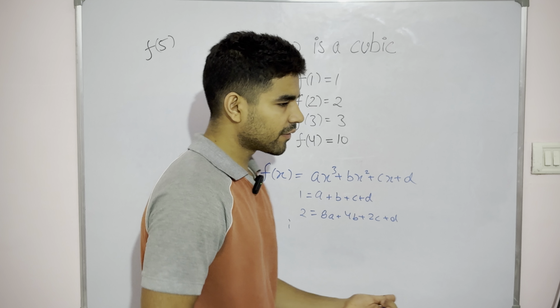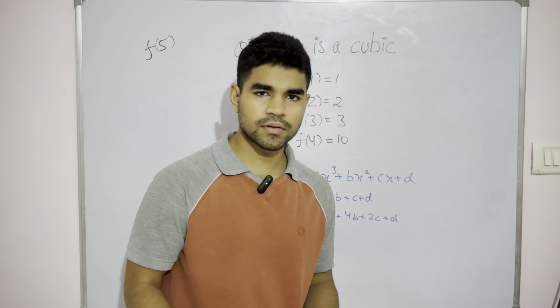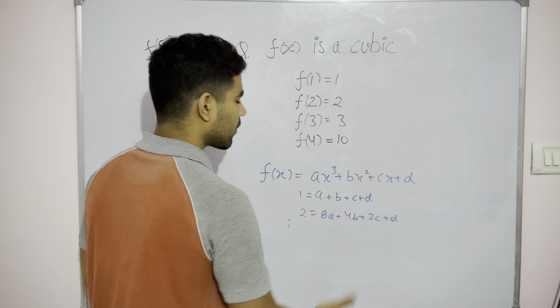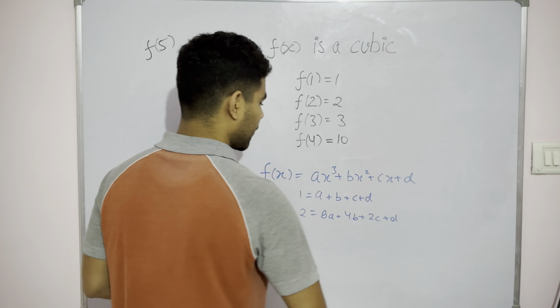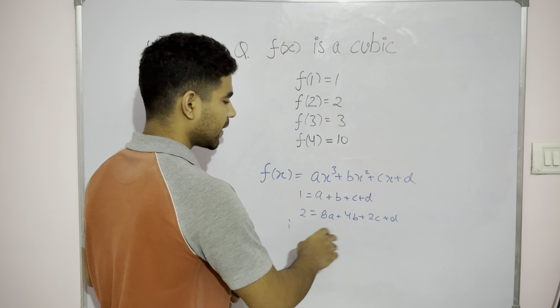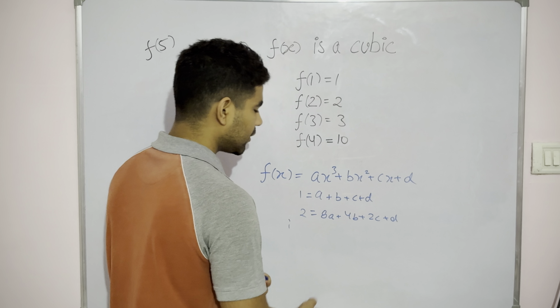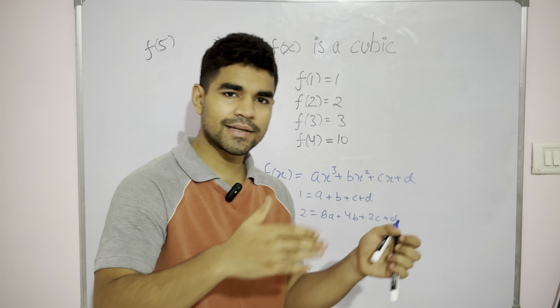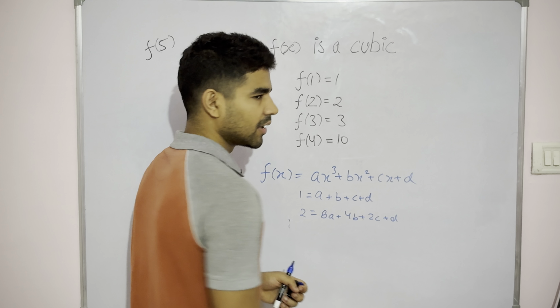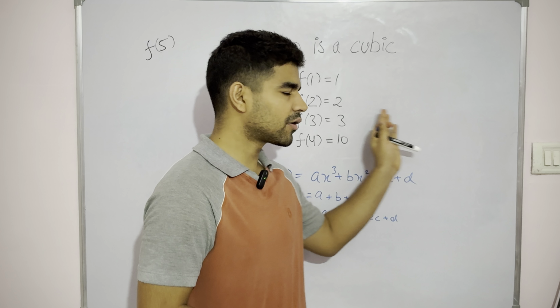Now there are 4 variables, 4 equations. You can simply solve the equations. You can pick any 3 equations, or you can pick all 4 equations and eliminate one of the variables. Suppose you eliminated d, then you will get 3 equations in a, b, c. And similarly, you will eliminate all the variables.